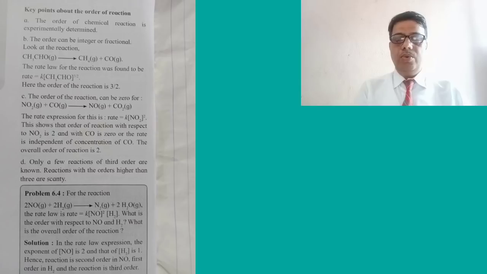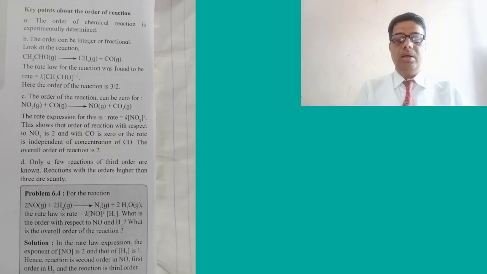Now we consider the second reaction: NO2 gas plus carbon monoxide gas gives NO gas plus CO2 gas. Here the order of reaction can be 0. How is it possible? Yes, see, the rate expression for this reaction NO2 plus CO gives NO plus CO2 is rate equals k, the rate constant, into the concentration of NO2 raised to 2.